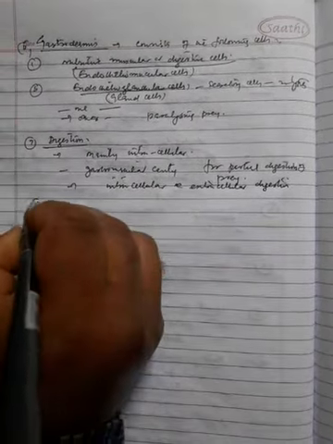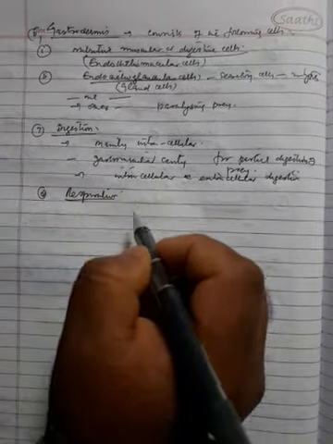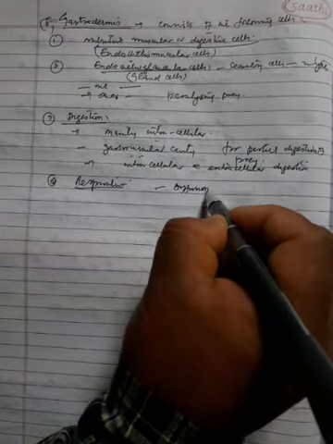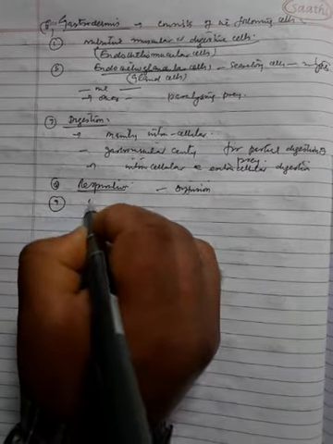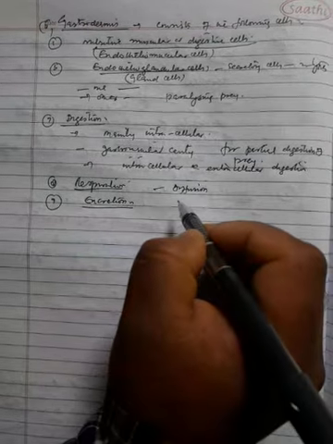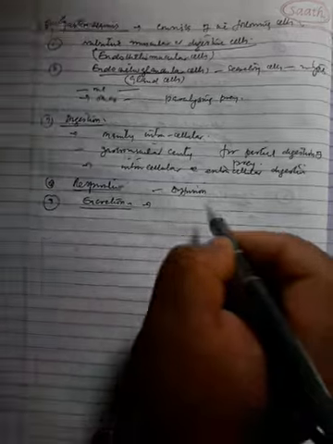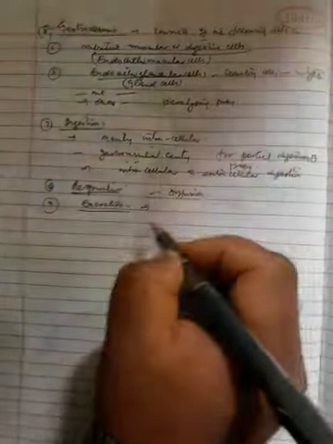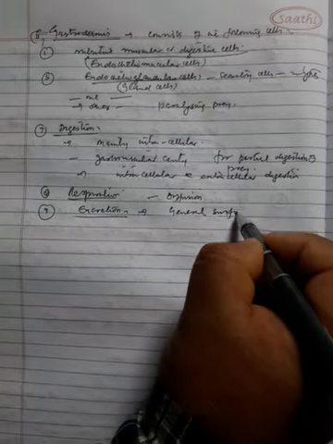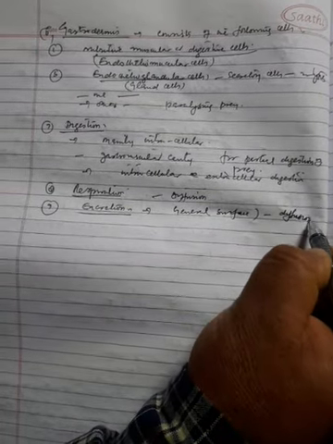Next one is respiration. So far as the respiration is concerned, that is the exchange of gases, it takes place by the simple process of diffusion. Now comes the excretion. Excretory products are diffused out through the general body surface by the process of diffusion.